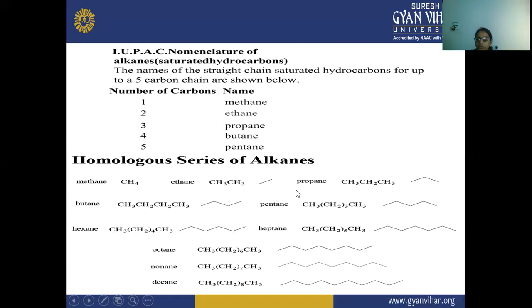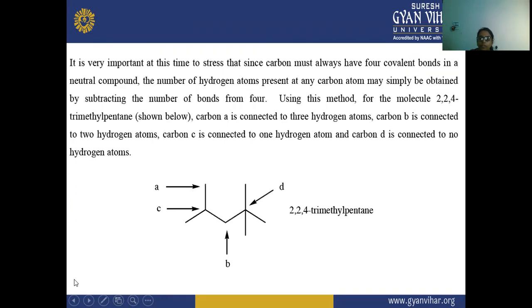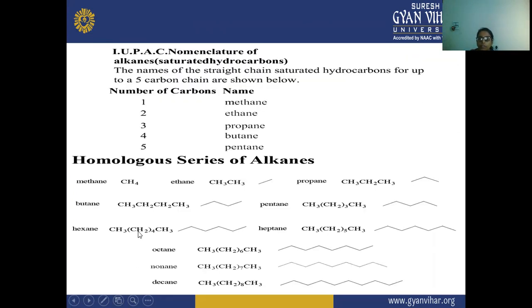The next is butane. In butane, you can see CH3, CH2, CH2, CH3. So it has 4 carbon atoms, as you can see here: 1, 2, 3, 4. The alkanes have hydrogen atoms according to the general formula CnH2n+2. So CnH2n+2 means the hydrogen is 2n+2.